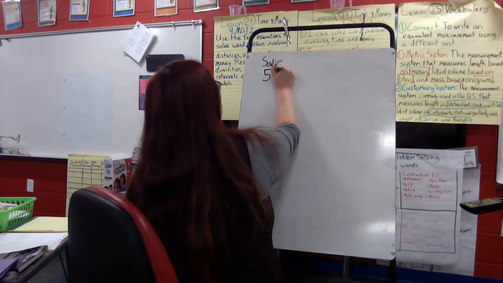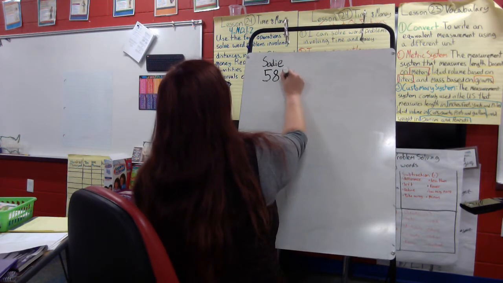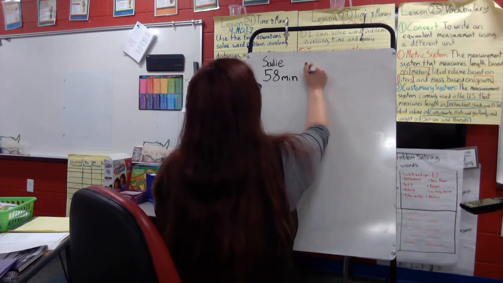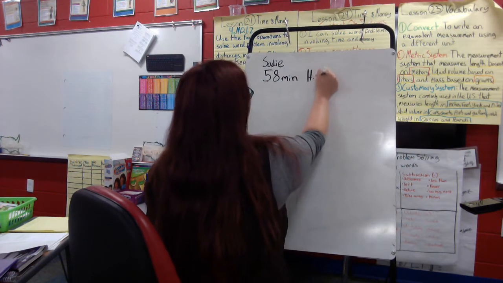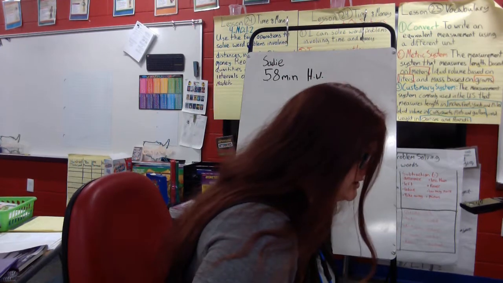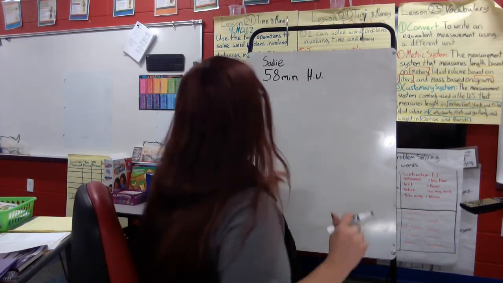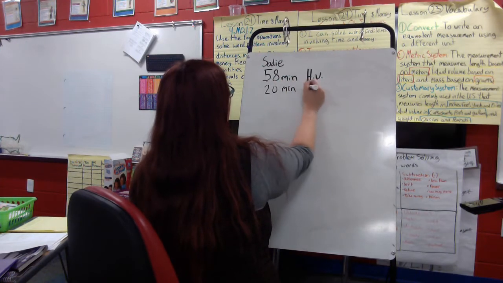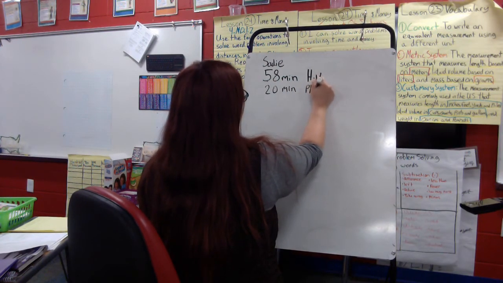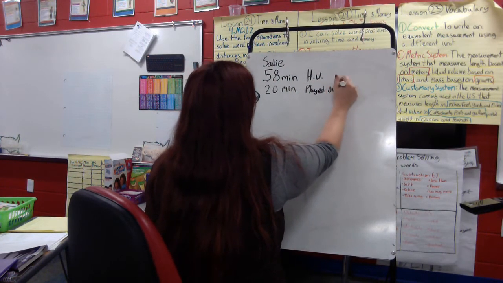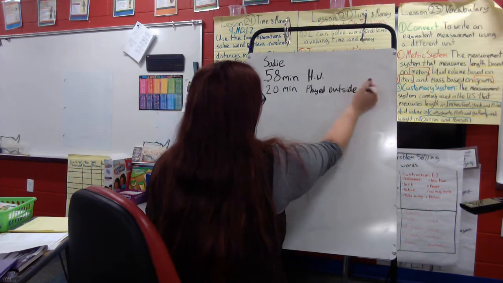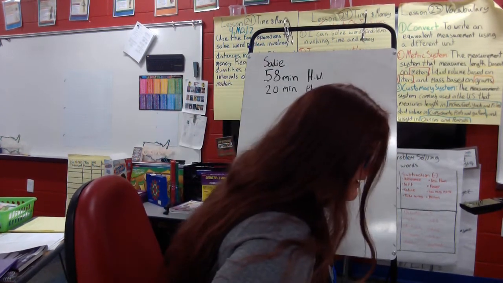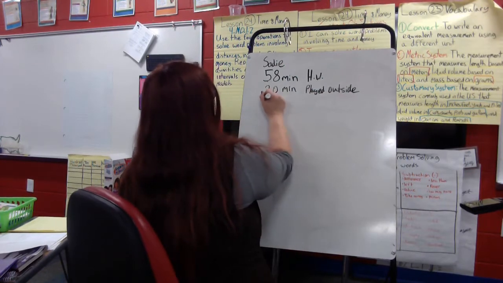You're not in the classroom to help me when I misread something. 58 minutes worth of homework. She played outside for 20 minutes. And practiced the piano for 25 minutes.